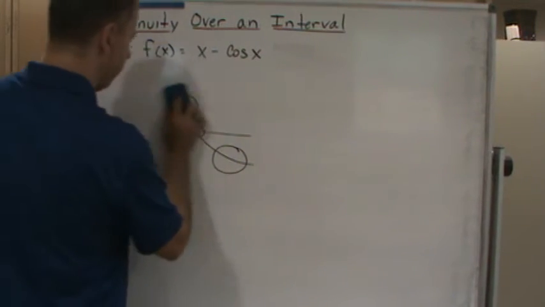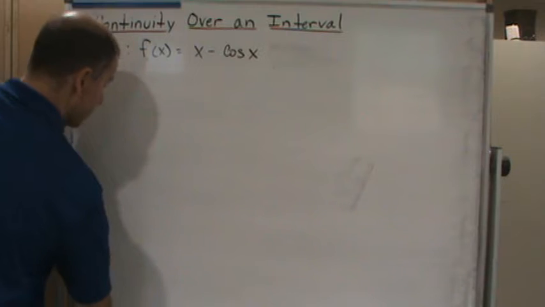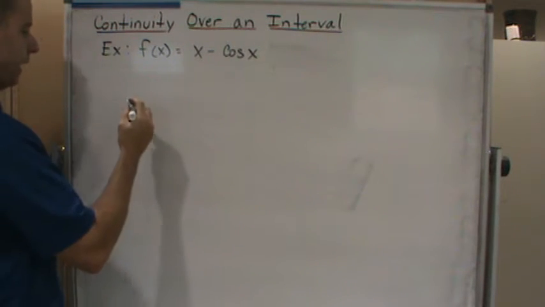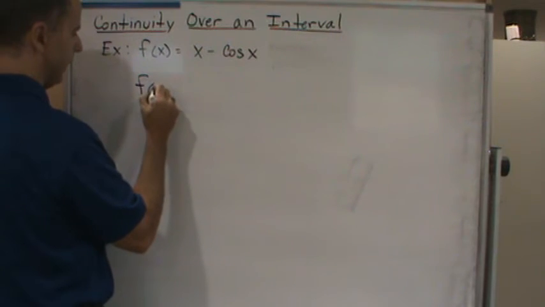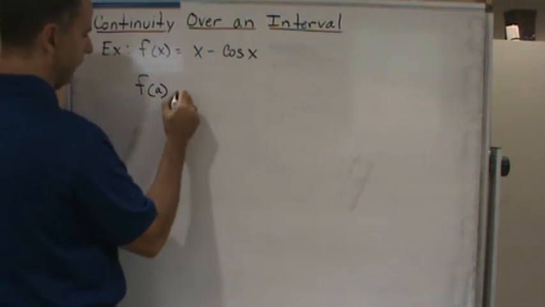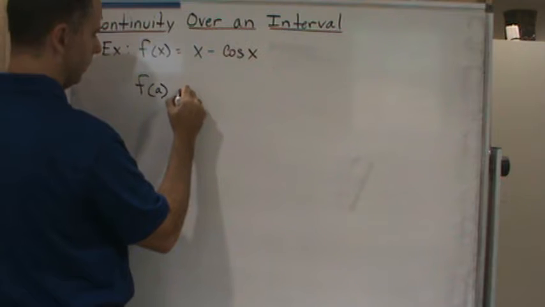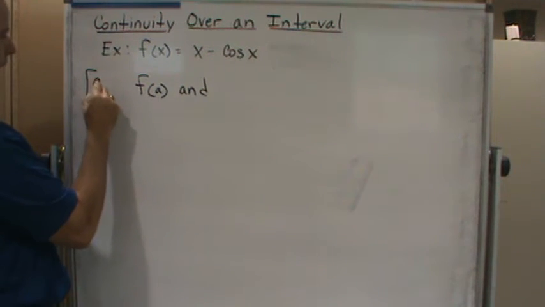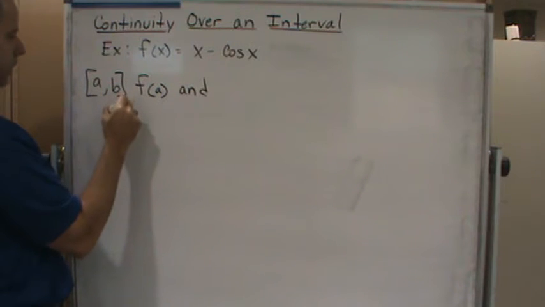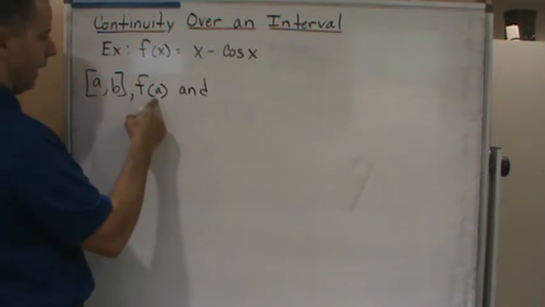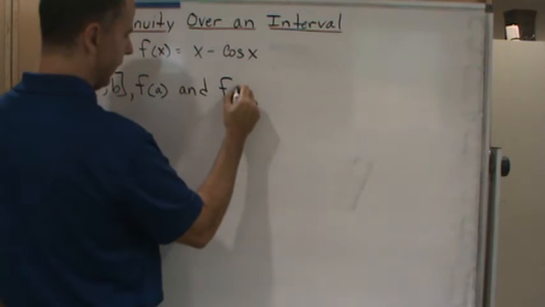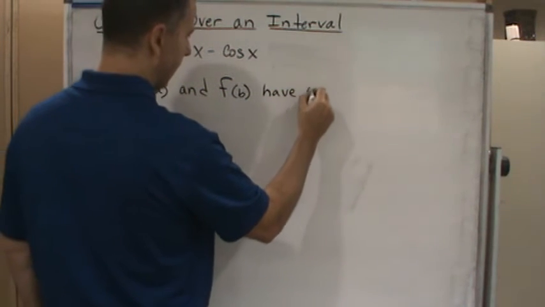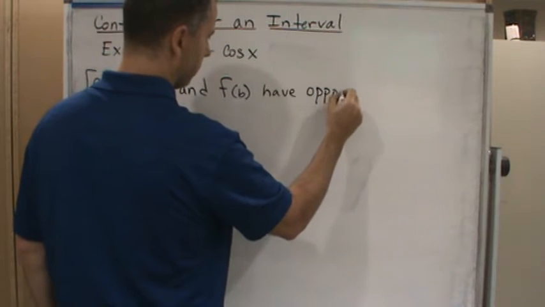All right, since we already know that this is continuous everywhere, we just need to find an interval a comma b such that f of a and f of b have opposite signs.